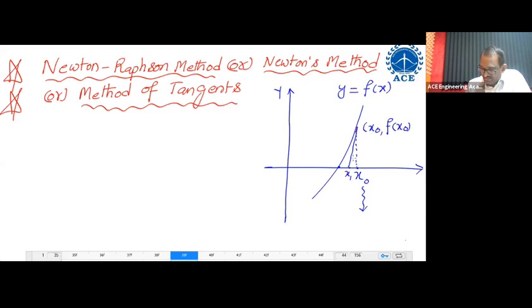This tangent touches the x-axis at one point. Let that point be x1. On the x-axis, the y coordinate is 0. So this is x1 comma 0.